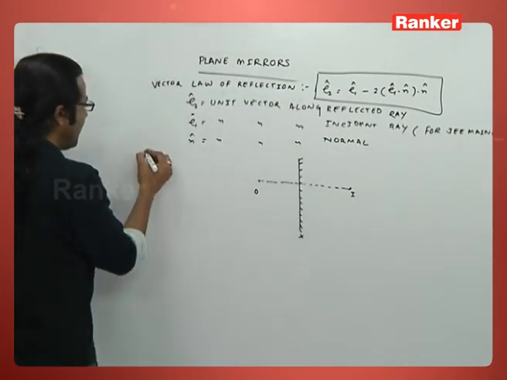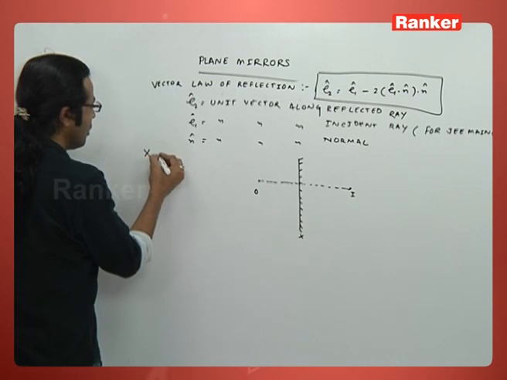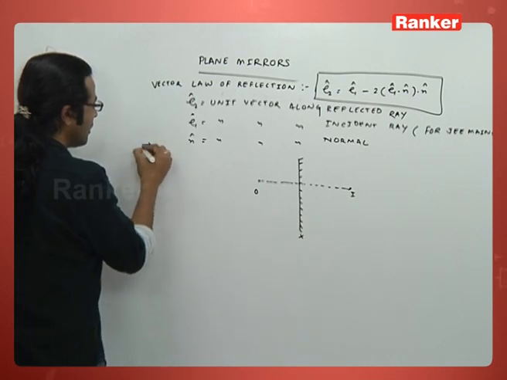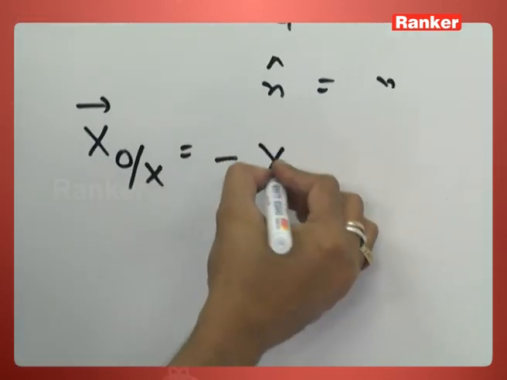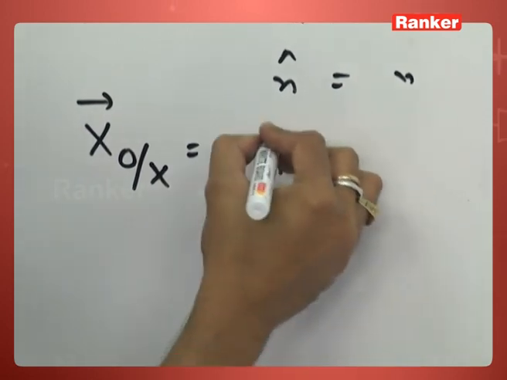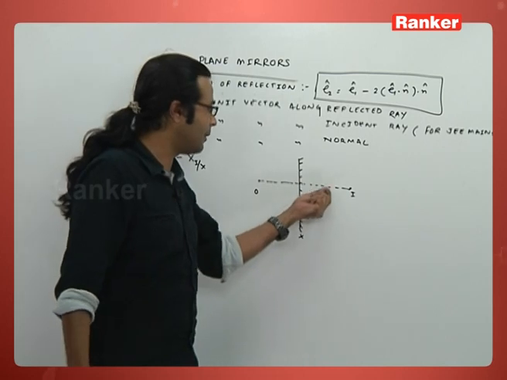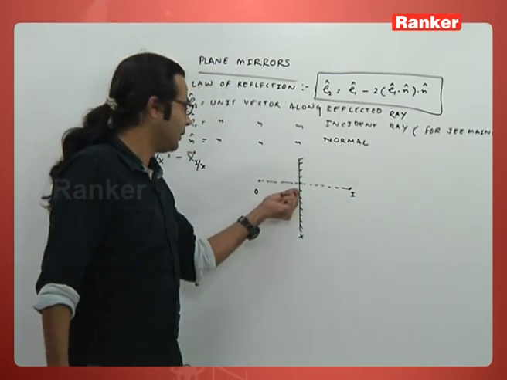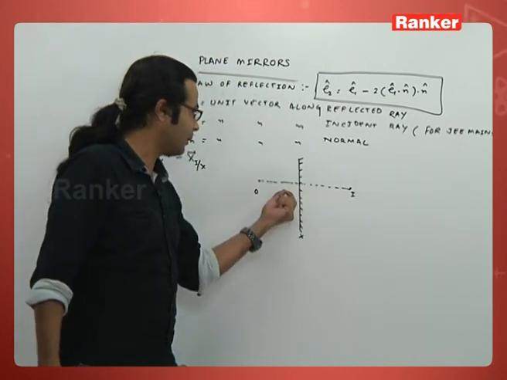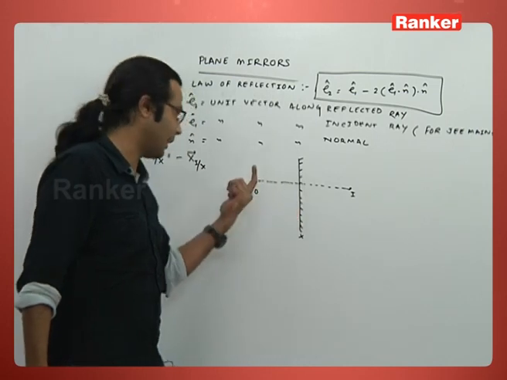So I can simply write x o, that is vectorially whatever the distance I measure, obviously this distance will be positive and this distance will be negative.